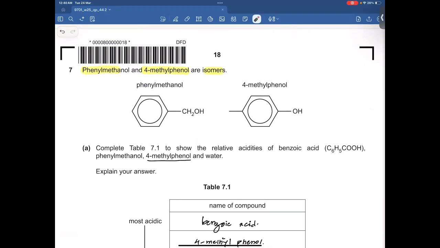In phenyl methanol, there is the positive inductive effect of the electron donating alkyl group. So it increases the electron density on the oxygen atom. As a result, oxygen cannot pull the electron from hydrogen, so the OH bond becomes stronger and ionization becomes difficult.